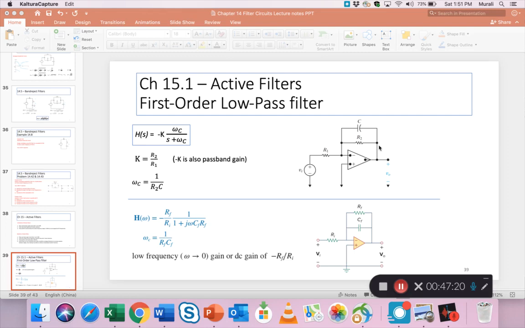Now there is always a feedback resistor, RF or R2, and in the bottom circuit he uses RF and RI, but in our textbook they use R2 and R1, which I don't know why, because we have always learned it as RF, the feedback resistor. But anyway, whether it's R2, R1 or RF, RI, you're familiar with the feedback resistor and the input resistor.